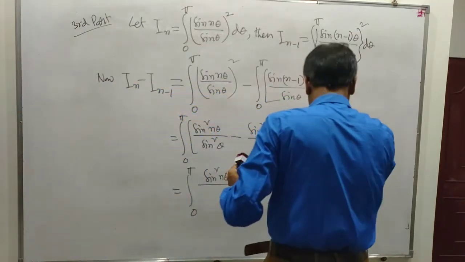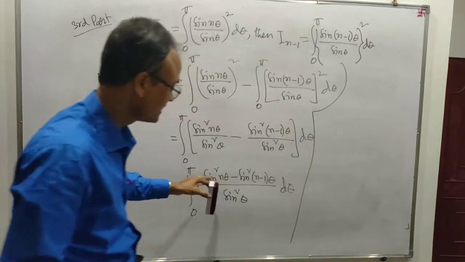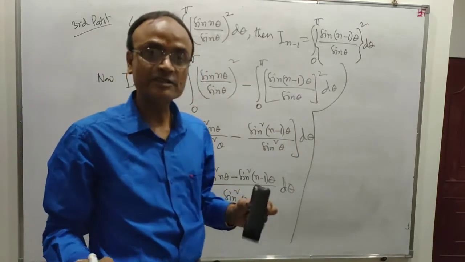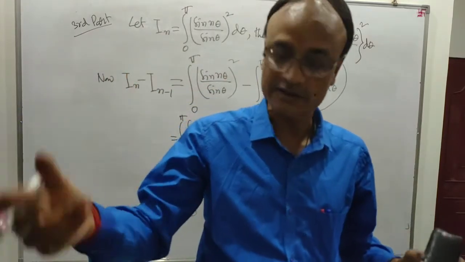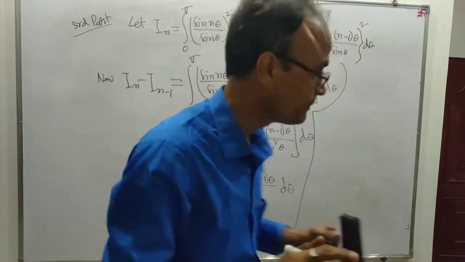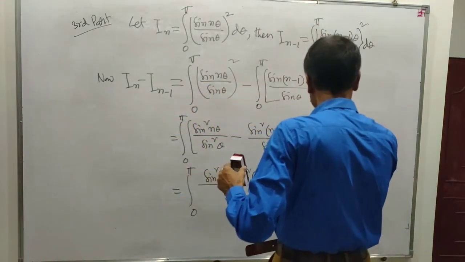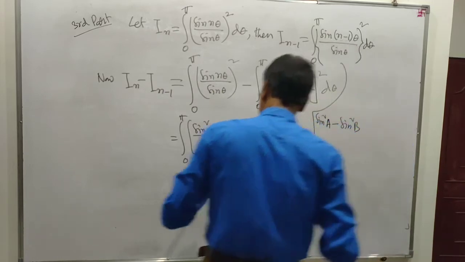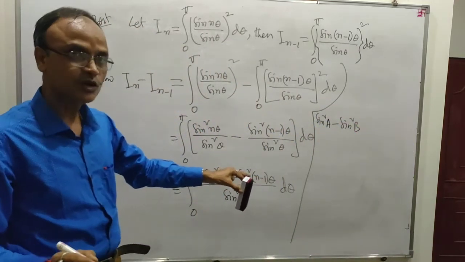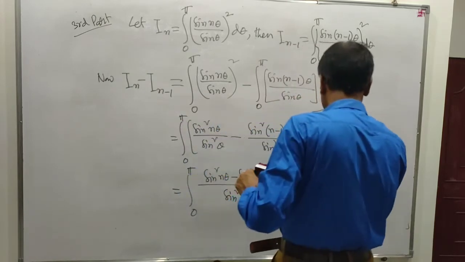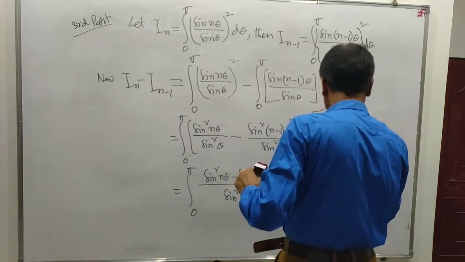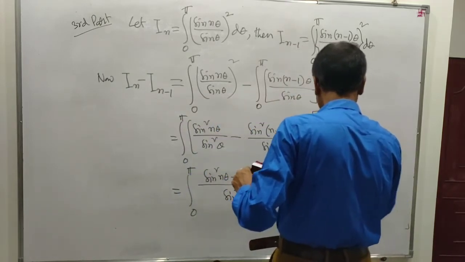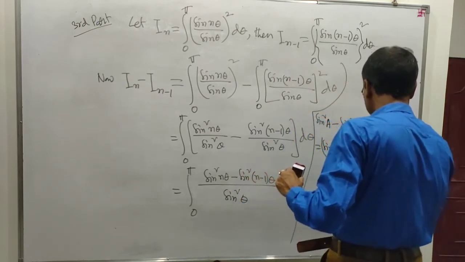What is this? It is of the form sin square a minus sin square b. This may be written as sin a plus sin b into sin a minus sin b.